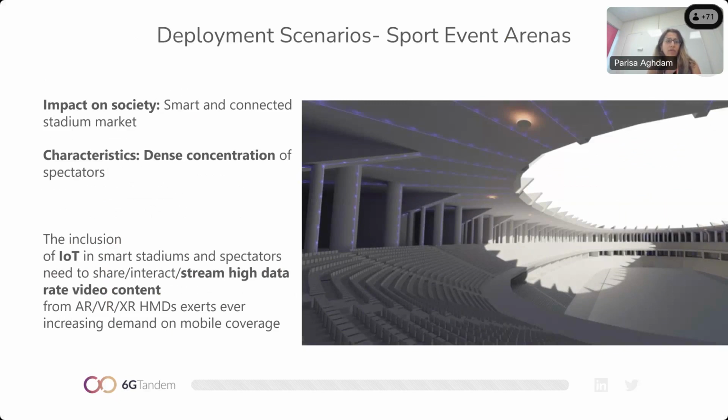And why this environment is interesting is that you have IoT in smart stadiums and many spectators sharing and interacting with high stream data rates, and in the future they will be using AR, VR, XR head-mounted devices. Again you have stringent requirements on the communication infrastructure.